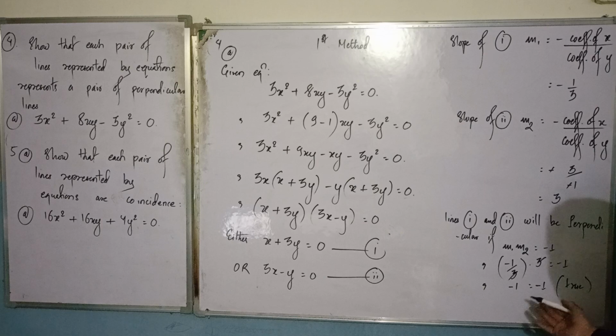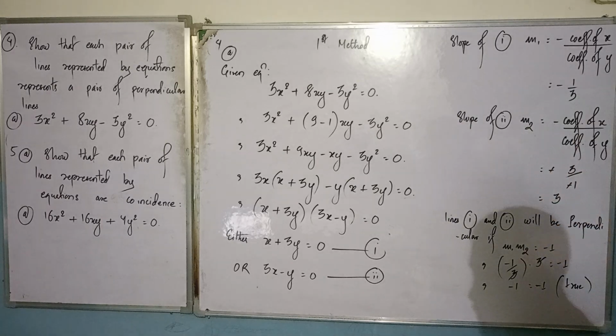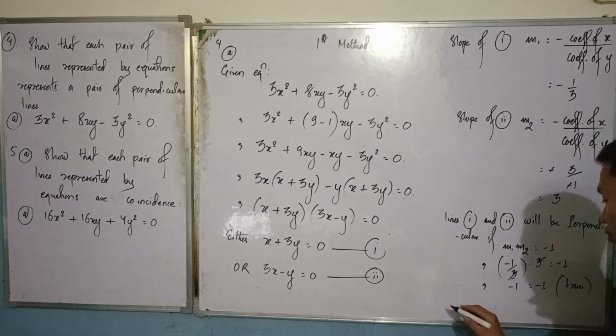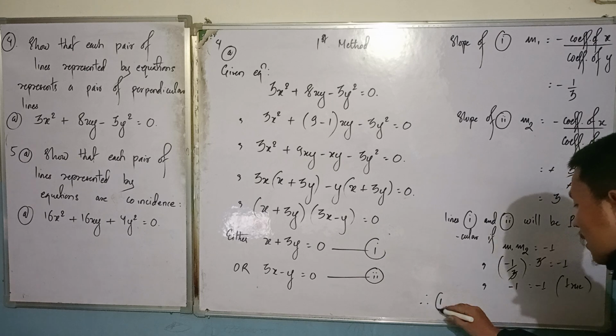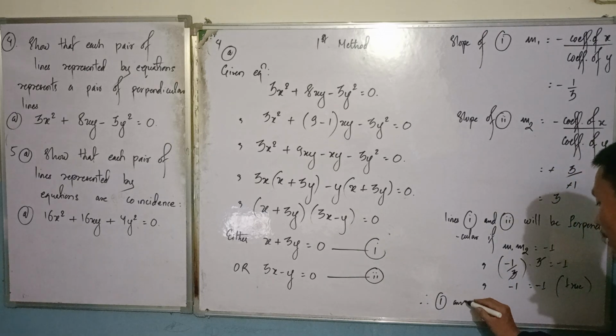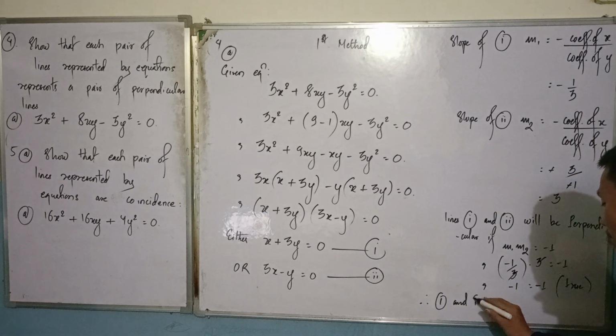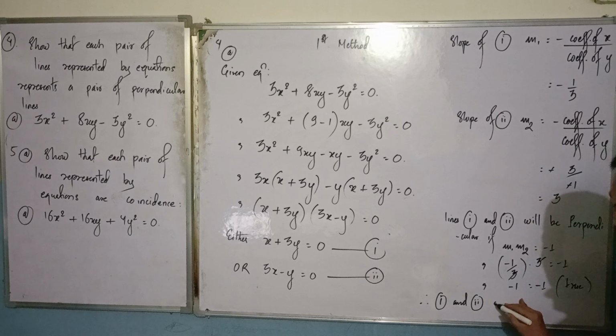If the condition is satisfied, it is proved. Therefore, I and II are perpendicular to each other.